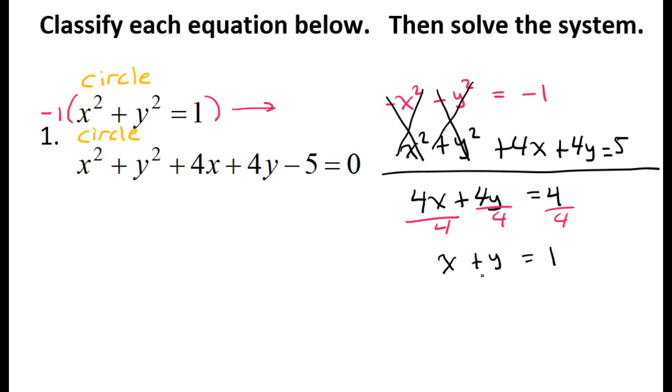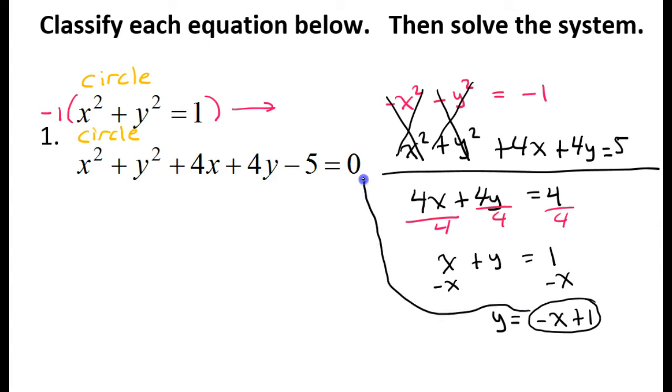So let's do a substitution. Subtracting x from both sides, I get y equals negative x plus 1. So what I can do is take this and substitute it into the other equation. Everywhere I see a y, so here and also here.